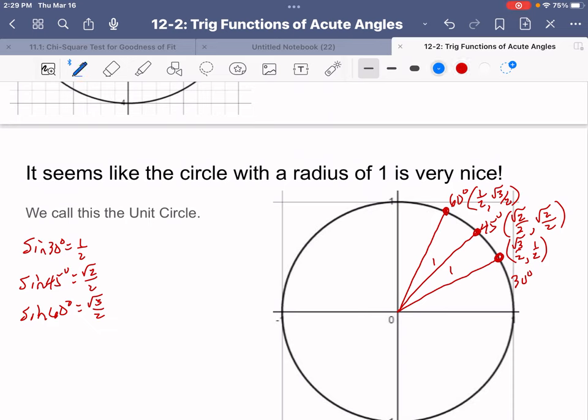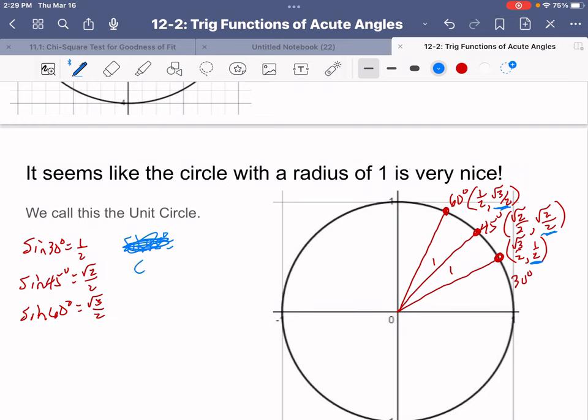Are you noticing that this y-coordinate is the sine of 30, this y-coordinate is the sine of 45, and this y-coordinate is the sine of 60?